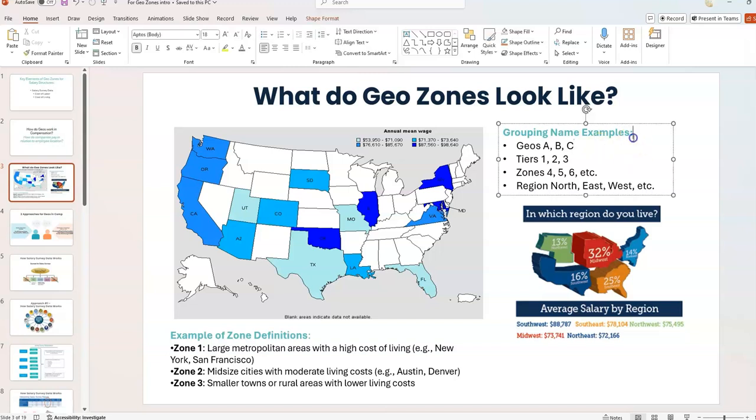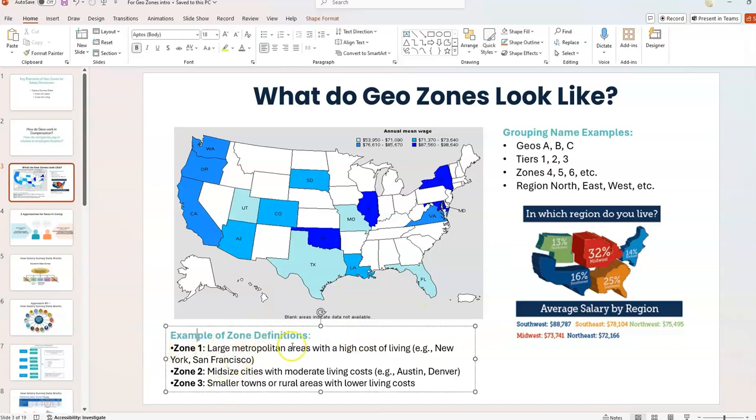I've seen them called geos, so A, B, C, D, E, F. Usually it's just 3 to 5, if they have that many. It could be called tiers, a tier 1, 2, and 3. It could be called zones 4, 5, 6. It could also be called regions, like the northeast region. You're just going to define what locations fall within each zone.